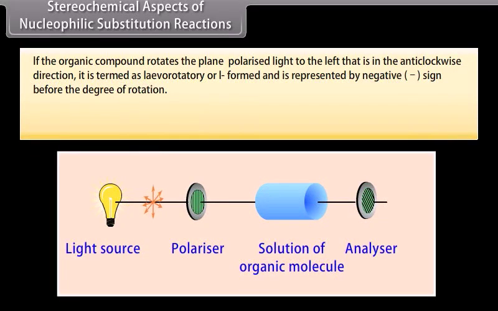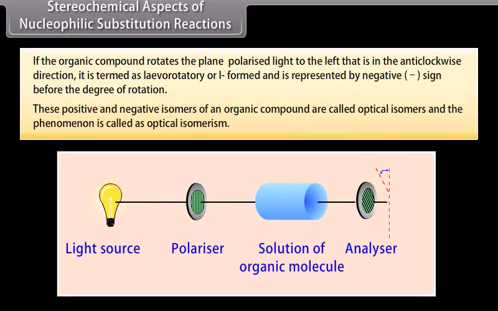If the organic compound rotates the plane polarized light to the left, that is, in the anti-clockwise direction, it is termed as levorotatory or l-form and is represented by negative sign before the degree of rotation. These positive and negative isomers of an organic compound are called optical isomers, and the phenomenon is called optical isomerism.